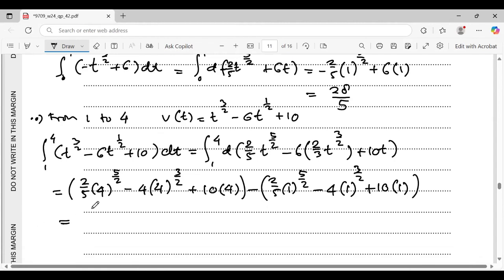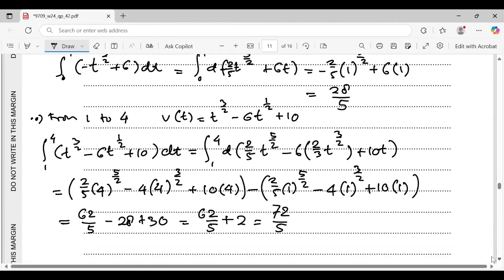If you calculate this, it is 62 over 5 minus 28 plus 30, 30 because 40 minus 10. So it's going to be 62.5, plus 10, 72.5.